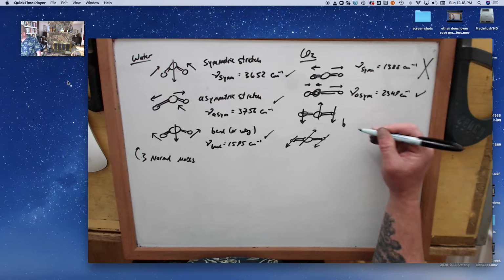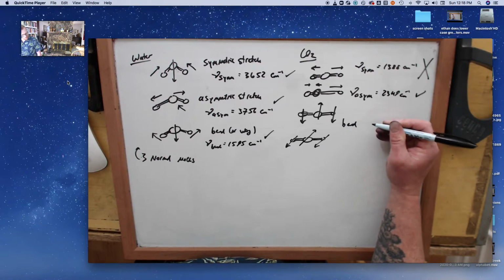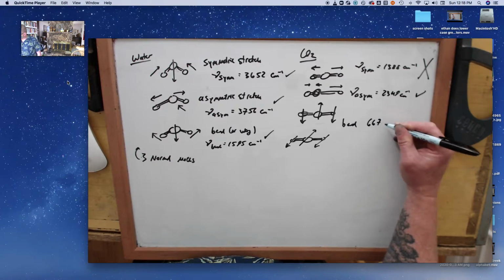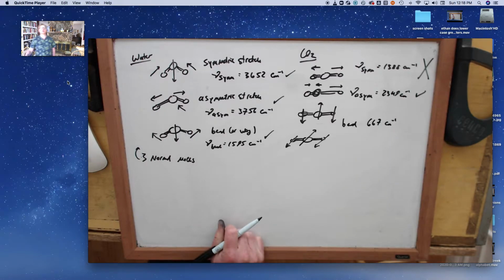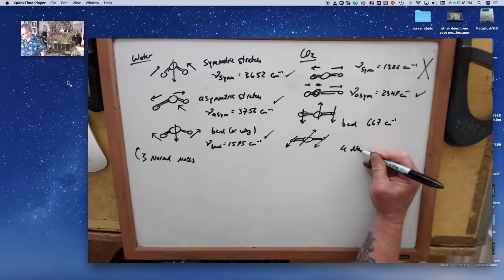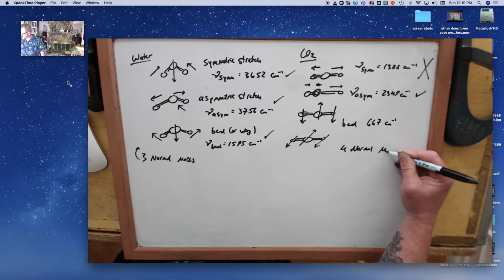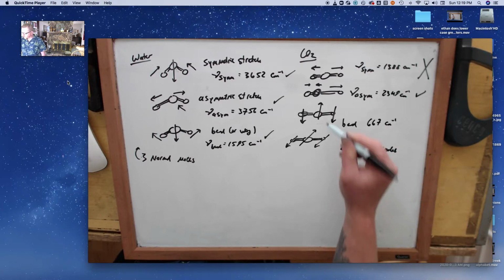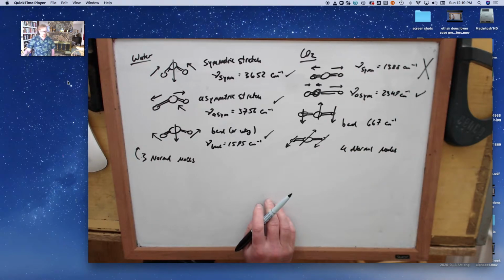So those end up being very low energy, what we call the fingerprint of the IR spectrum, 667 wave number. And so that gives us 4 normal modes, 1, 2, 3, 4, and only 3 of them are IR active.